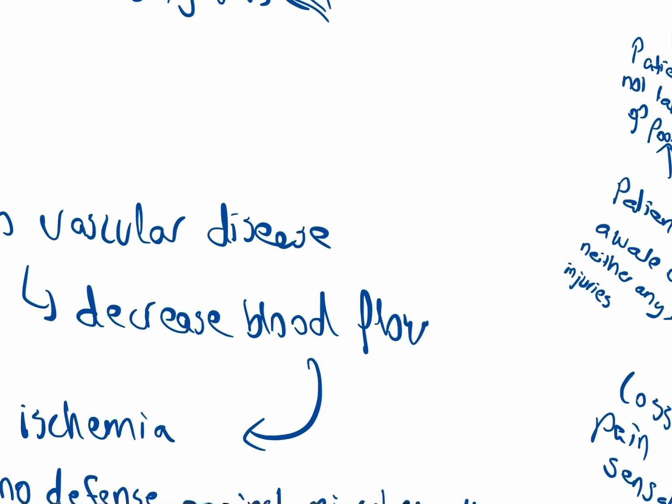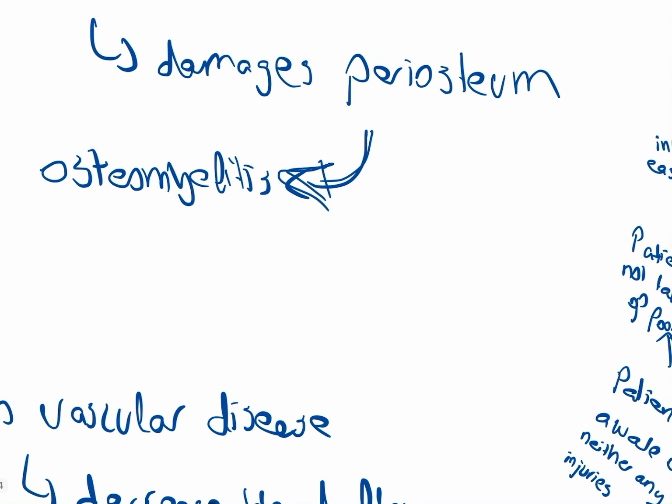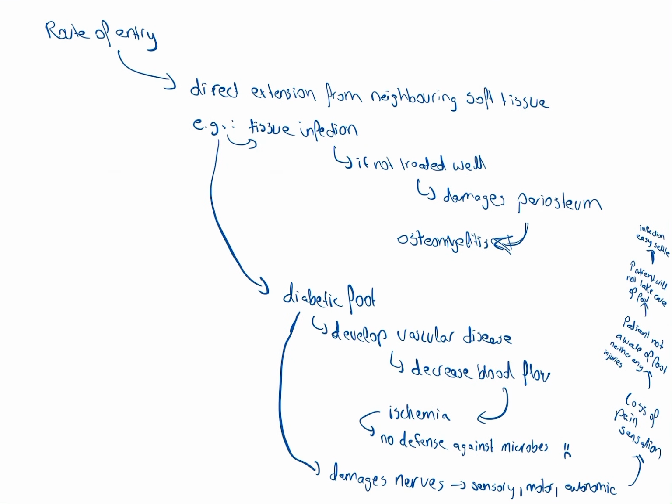So the patient will not take care of the foot anymore. If the patient is not conscious enough that there is an injury in the foot, infection can easily settle and osteomyelitis can occur. I hope you understood it. We have here the soft tissue infection, and we have here the diabetic foot.